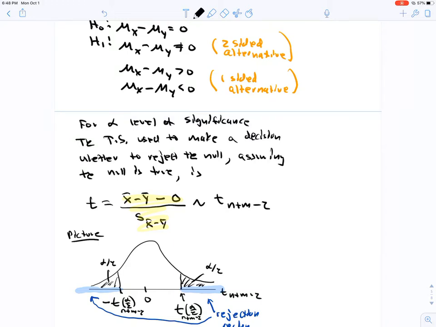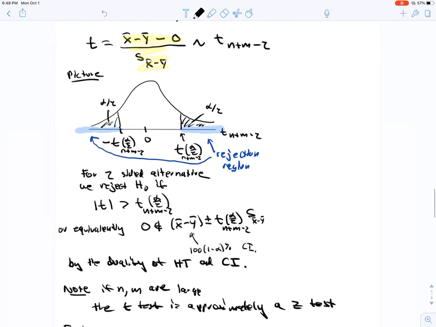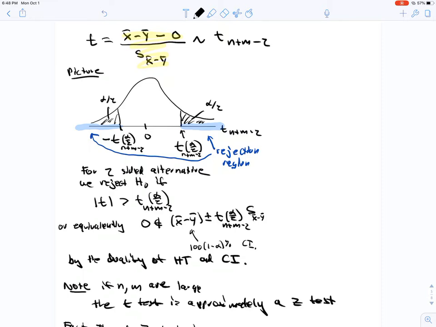From theorem A, we know this is a t-distribution, and so we have our rejection region here, for our two-sided alternative. For a two-sided alternative, we reject the null if the absolute value of our test statistic is greater than our cutoff, t with n plus m minus 2 degrees of freedom, alpha over 2.